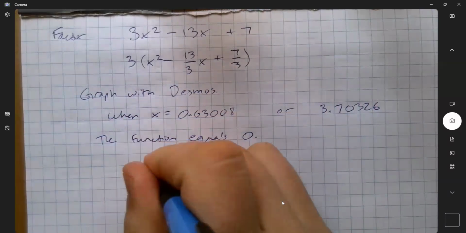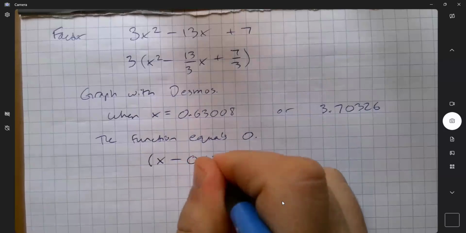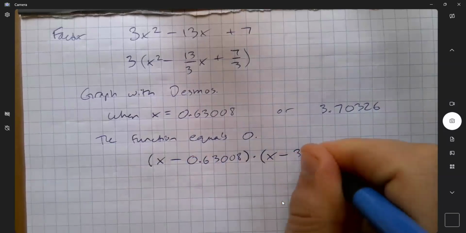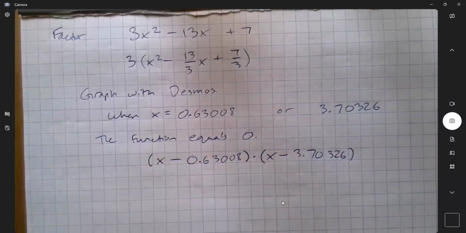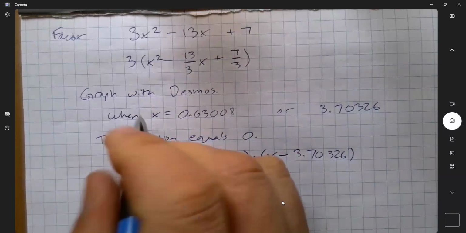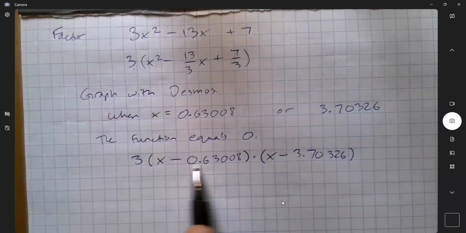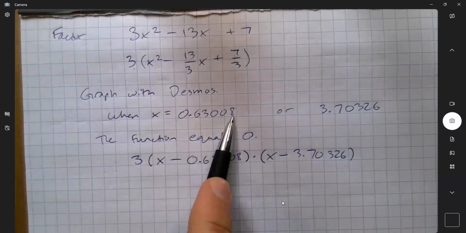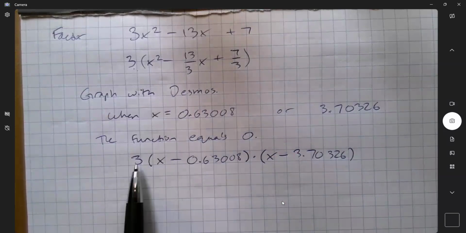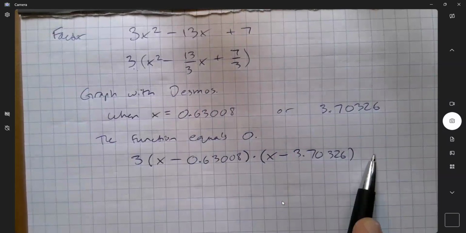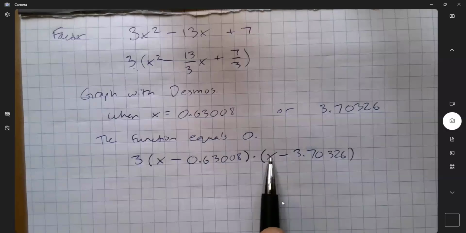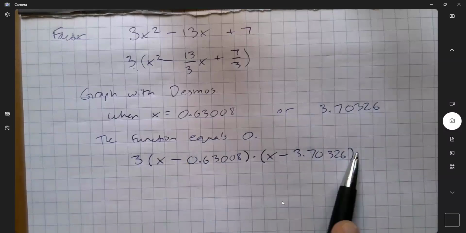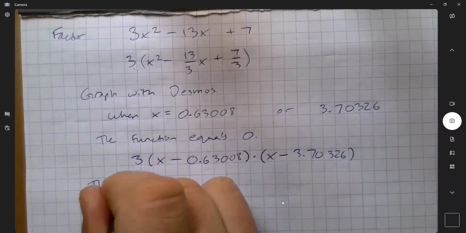And that means if I put x minus 0.63008 as one of my factors and x minus 3.70326 as another of my factors, and then remember you still have that original 3 out front, this is my factored form. Because if I put x equals 0.63008, this first term would be 0, and I'd have 3 times 0 times another number, which equals 0. And if I chose x equals 3.7, etc., then I would have 3 times a number times 0, which equals 0.